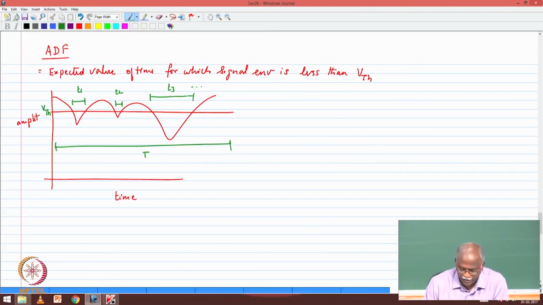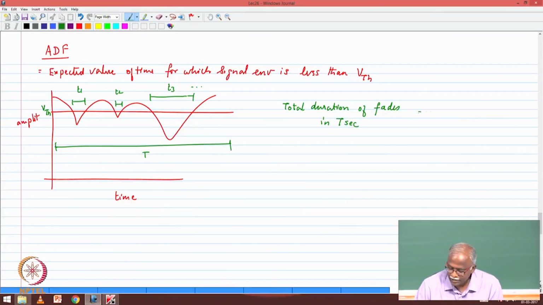Here is just a one-step insight that we can get from here. The total duration of fades in T seconds is given by the summation over i of all the Ti's. Basically, you measure each of those.